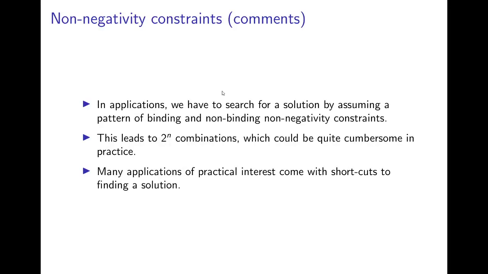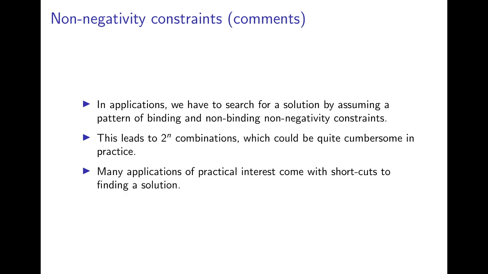What changes, however, is that searching for the solution and solving the system of equations becomes much more cumbersome because we have to search through different combinations of restrictions to come up in the end with the solutions. We have to rule the combinations out that do not make any sense mathematically or economically.